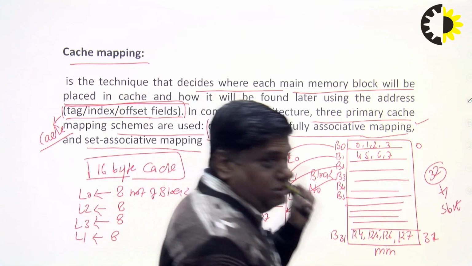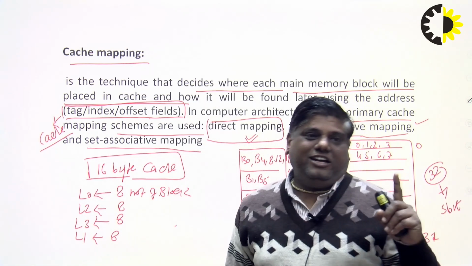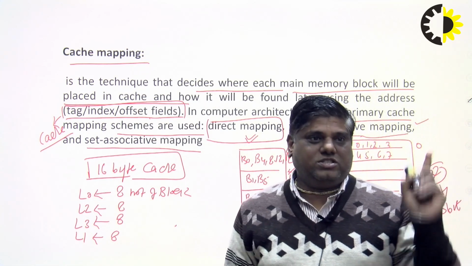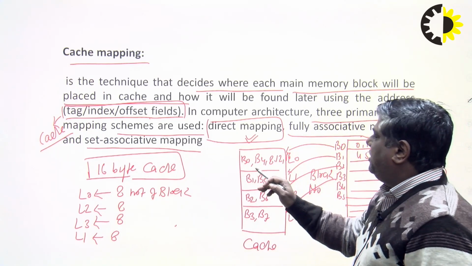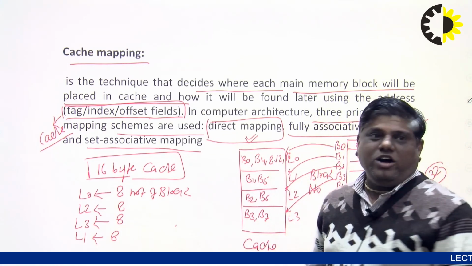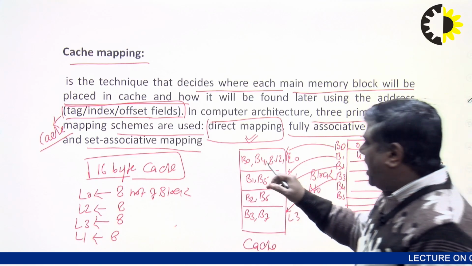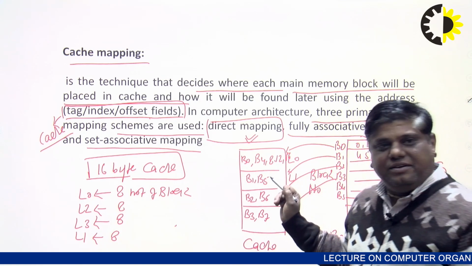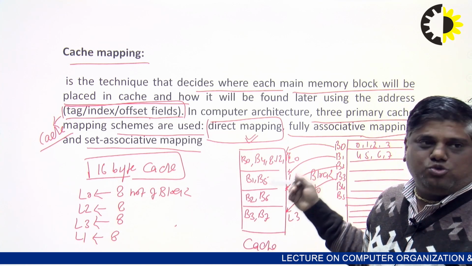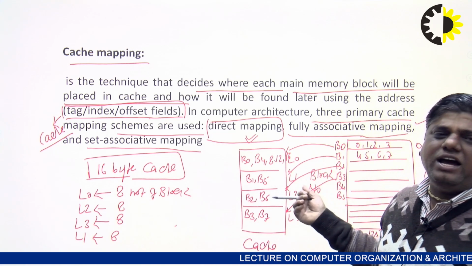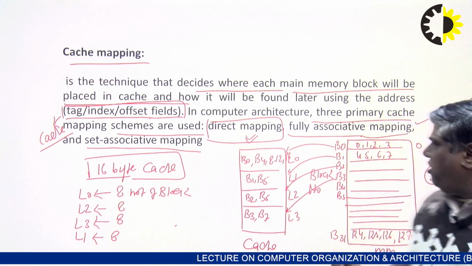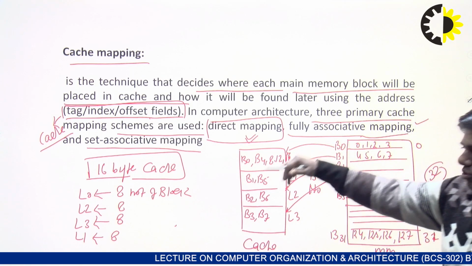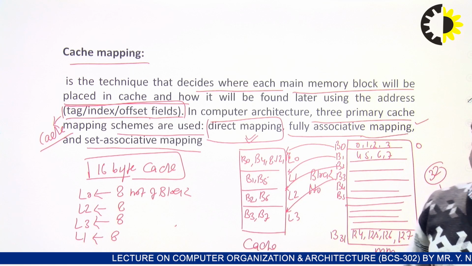But at one time it can accumulate only a single block. Either B0 is present in the cache, or B4 is present, or B8 or B12 or B16. At one time only one block of the main memory is accumulated into the cache memory.